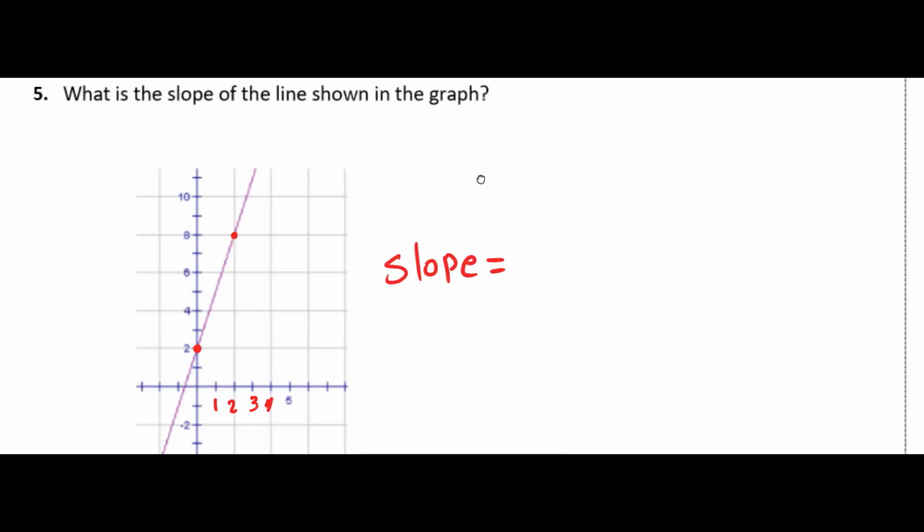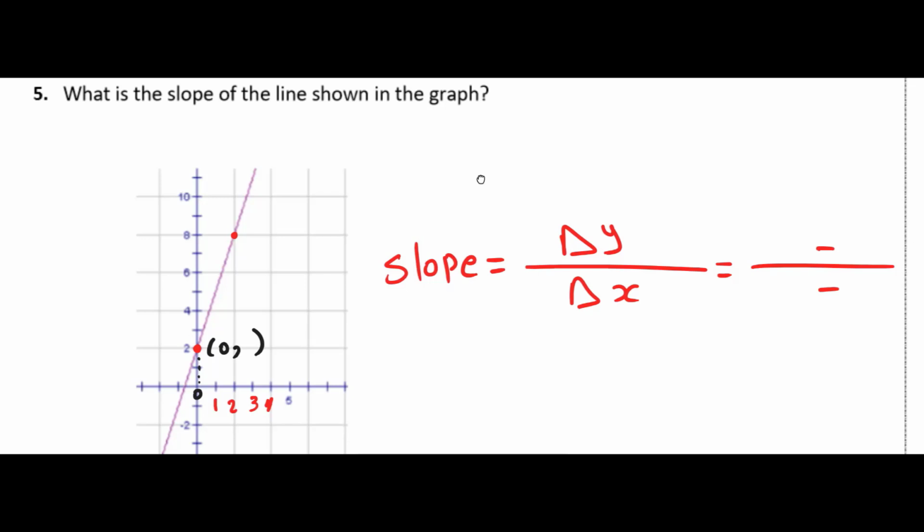Now we wanted to know slope of this line. Slope equal. We said before, slope equal change in y over change in x. Okay, this point x is, look, x here is 0. What about y? Y here is 2. What about this point location?